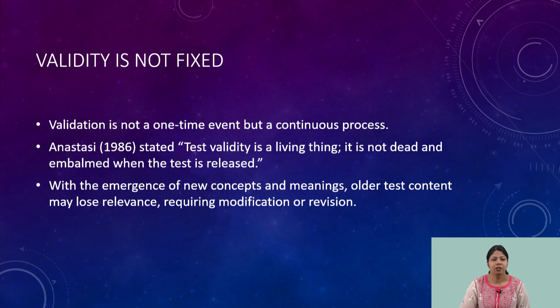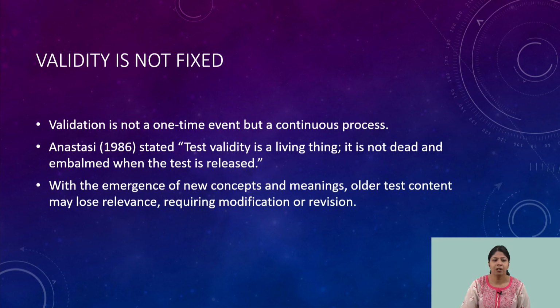The next property refers to validity not being a fixed property. Validation is a continuous process. It is not a one-time event. It is not that if you have validated the test once, you are saying that this test will be valid for eternity. That is not how things work. Anastasi has claimed that test validity is a living thing.